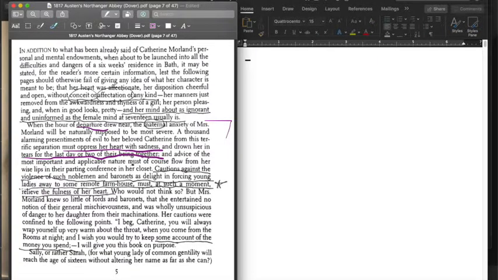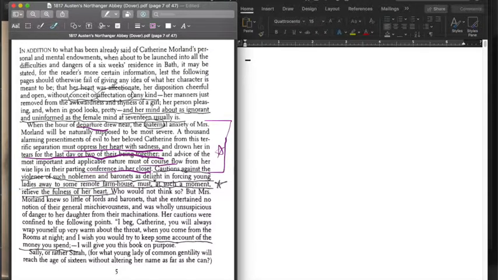And advice of the most important and applicable nature must, of course, flow from her wise lips in their parting conference in her closet. Closet is like a little den where you do your makeup. But so this is like all things a proper heroine would experience with her mother upon departure.